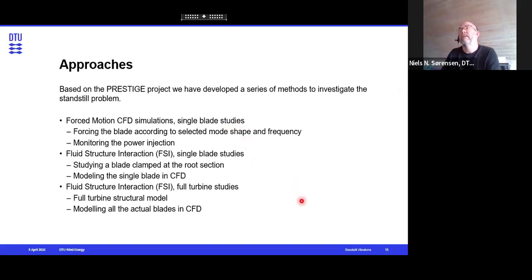And then finally, we can of course do a full turbine model, modeling the 3 blades in a CFD solver to provide high fidelity loads on the structural model to investigate whether a specific situation will be vibrating.